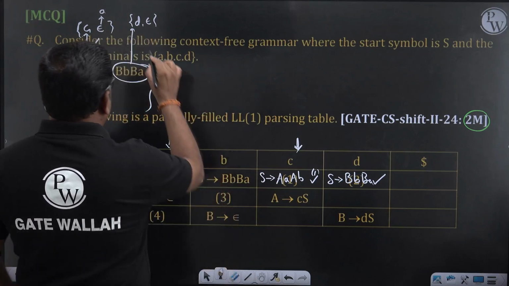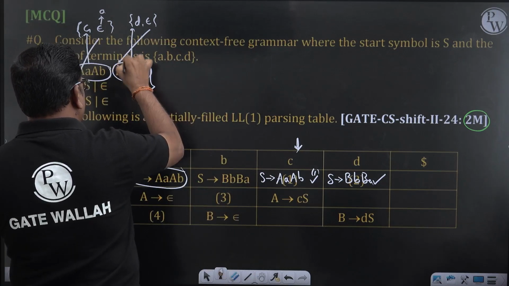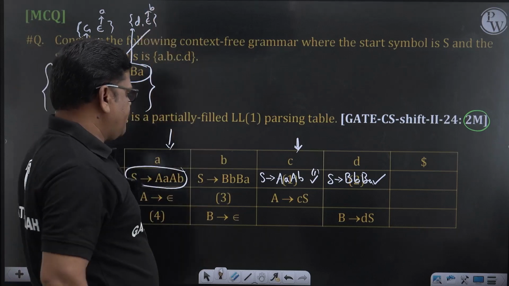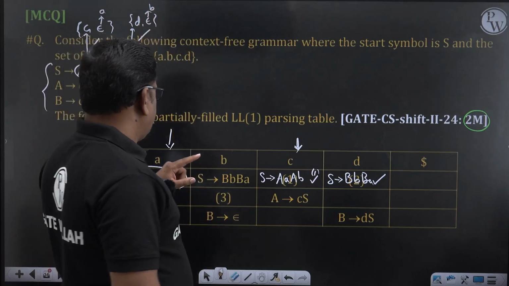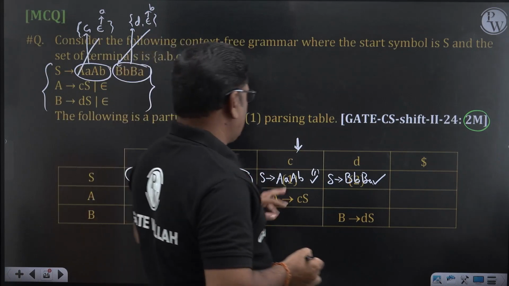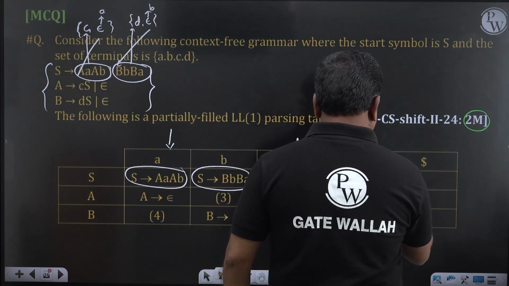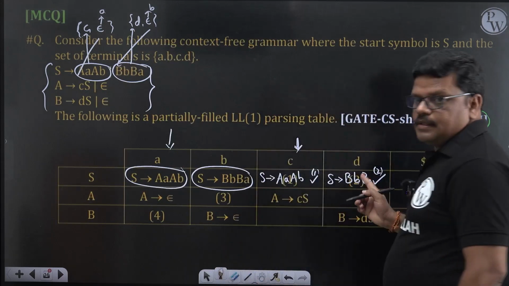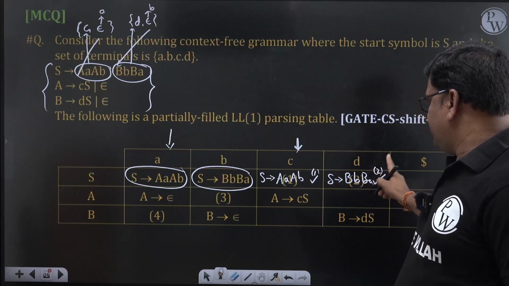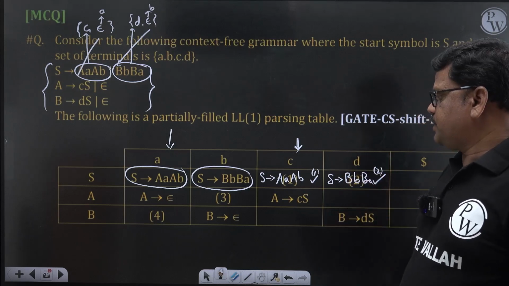Then whenever epsilon is there, we need to replace and calculate once again. If you replace, then we will get B. So, in the position of B also we need to write this production, that is already given. So, our 1 value is this, and 2, whatever blank cell is there, is nothing but this production.